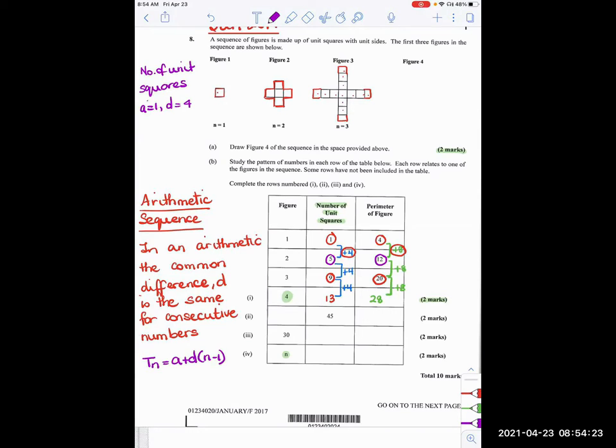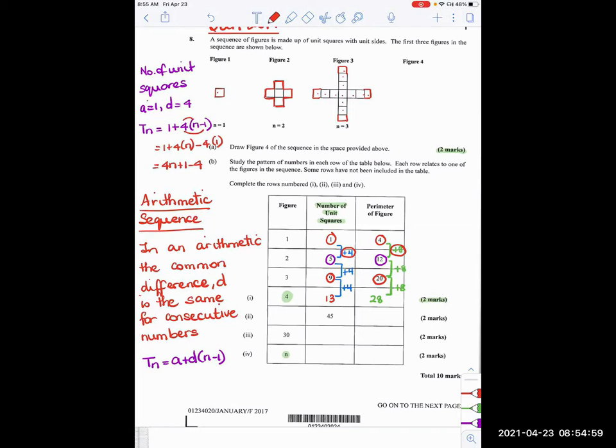So we're going to put it in our formula. Tn is equal to 1 plus 4 into n minus 1. Now, we have to use the distributive law and multiply each term by 4. So 1 plus 4 by n, take away 4 by 1. So I will get 4n plus 1 minus 4.